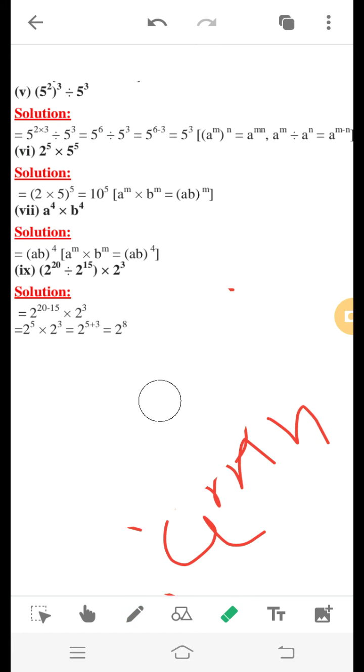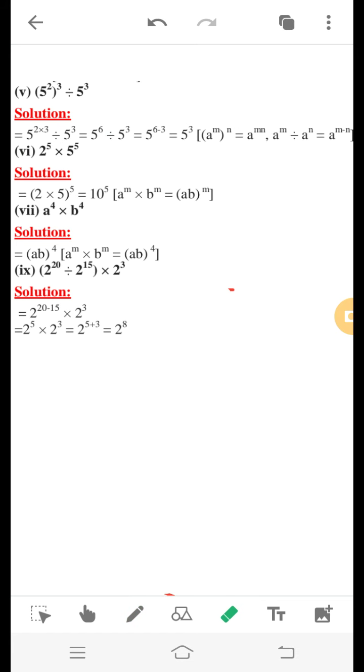So here (5^2)^3, in that case we have to multiply both the powers: 5^(2×3) ÷ 5^3. Therefore, 2 threes are 6, so it's 5^6 ÷ 5^3. Now, here the division bases are the same, so we subtract the powers. 5^(6-3) = 5^3.